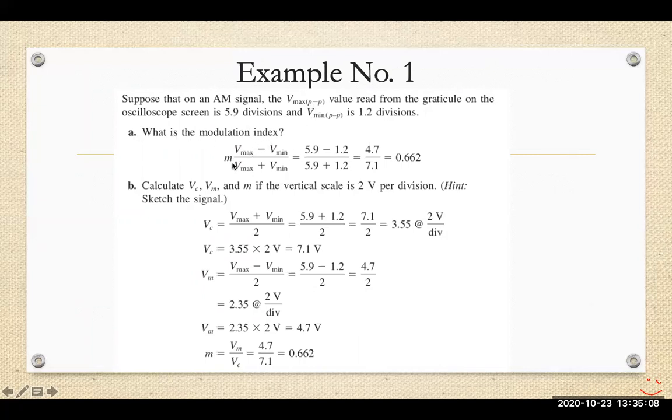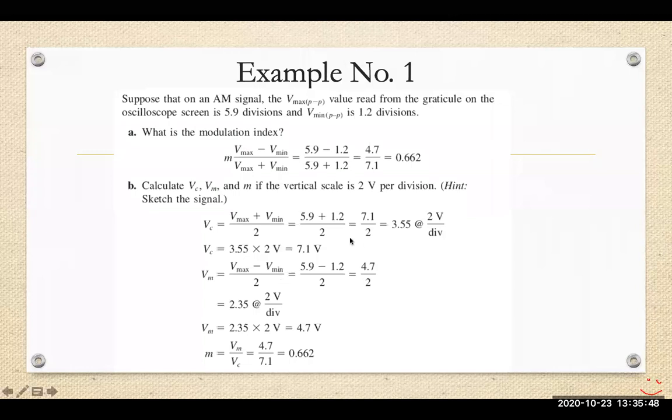So the modulation index is equal to Vmax minus Vmin over Vmax plus Vmin. So to determine the Vmax, we are given, di ba, 5.9 division. So 5.9 minus 1.2 over 5.9 plus 1.2 is equal to 4.7 over 7.1, or the modulation index natin is 0.662. Okay?